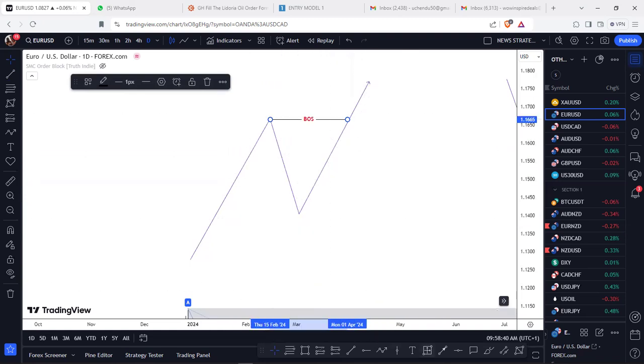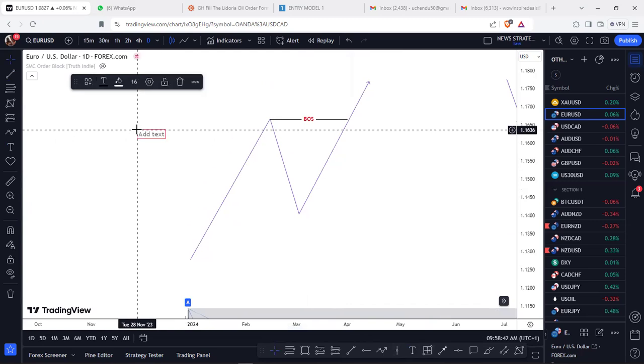We're going to focus only on shallow pullback for this strategy, and deep pullback.